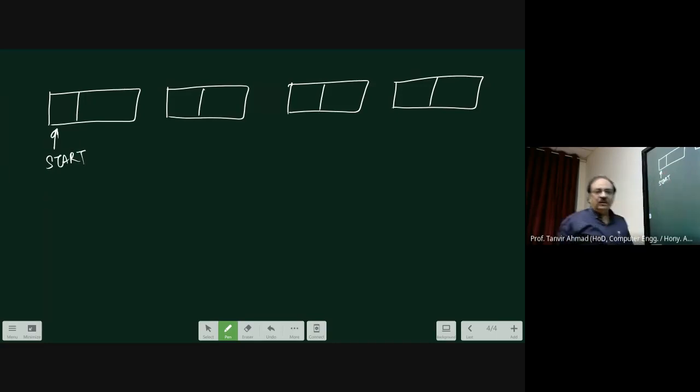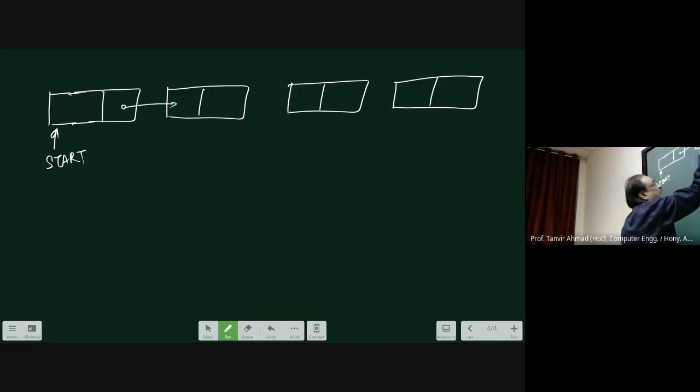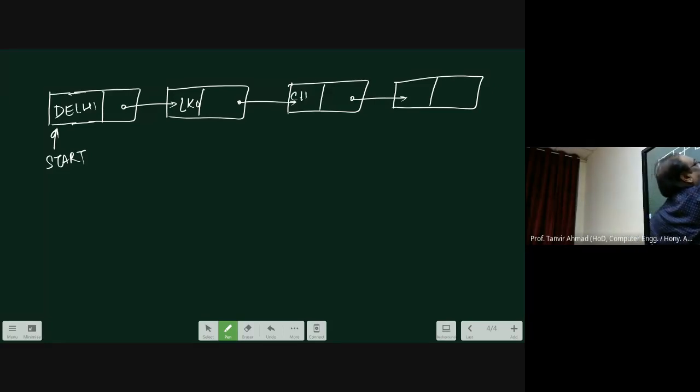Now let us think that the data is a city name. Suppose this is Delhi, this is Lucknow, suppose here is Chandigarh, and suppose this is Patna.